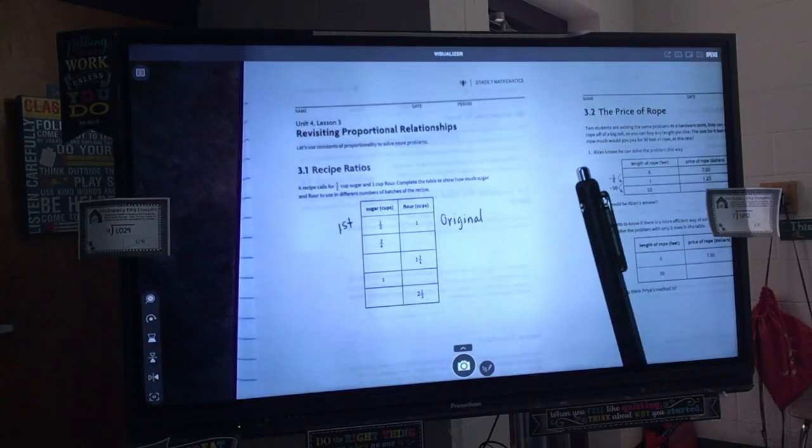It should be 7, 8. You got 3 now. 3 is it? Yeah, that's what I got originally. I see what you're saying. So you got 6, 7, 8.